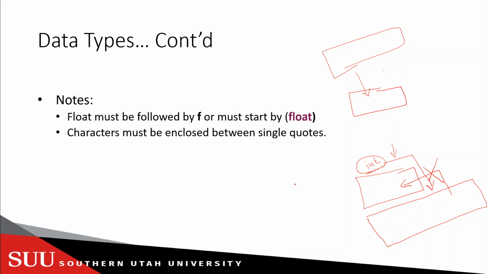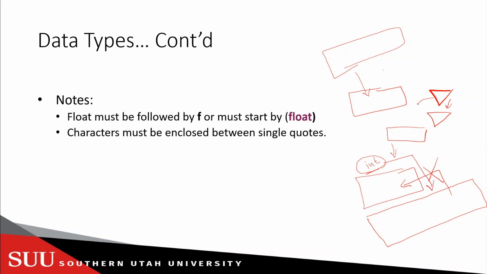Now we also have to think about the shape of the container. For example, we are having the containers for numbers as those rectangles. Let's suppose that the character is some sort of a triangle. This triangle has to fit in a triangle container.